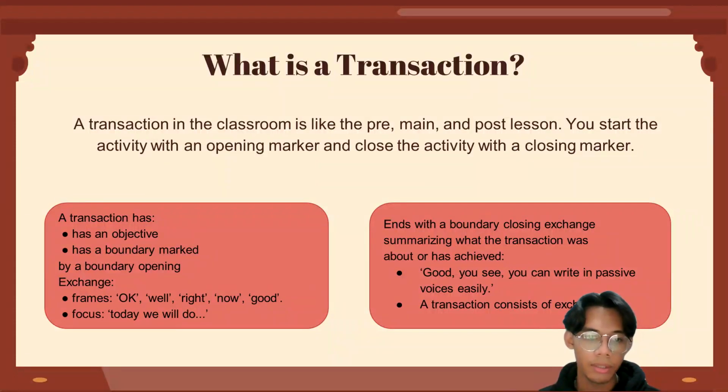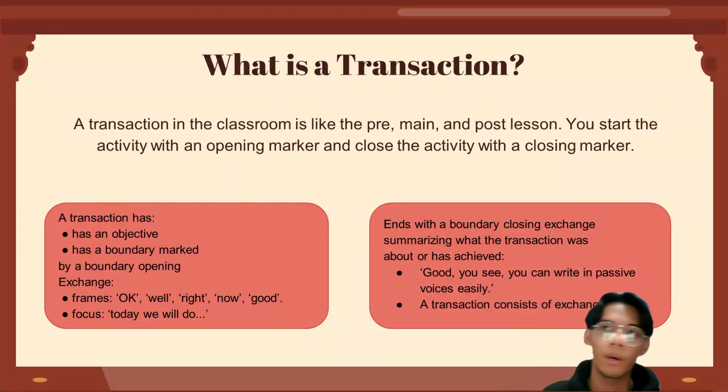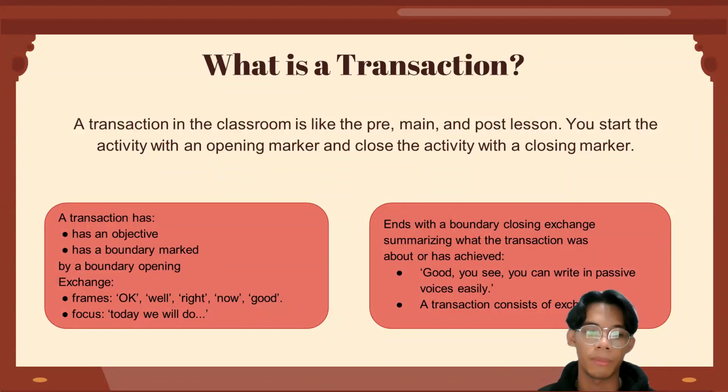There are two focuses. First are the frames, like, okay, well, right now, good, now. Those are some examples of the opening marker, like, okay class, we will learn about the material today. And then the focus, like, today we will discuss about, there's the focus. So both of them are the opening.